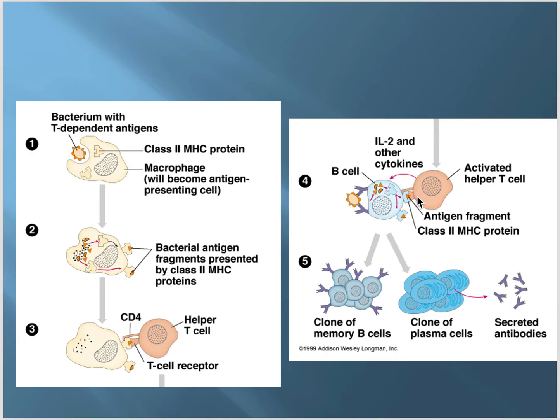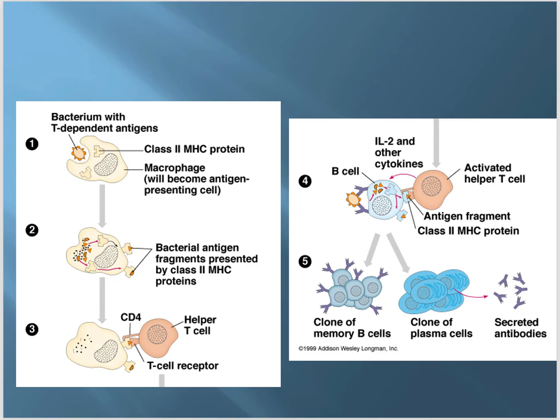This activated T helper cell releases cytokines such as IL-2, and these cytokines activate the B cells. The activated B cells can then differentiate into memory B cells and also plasma cells, and the plasma cells produce and secrete the antibody against the antigen.